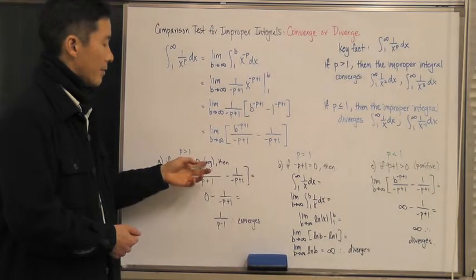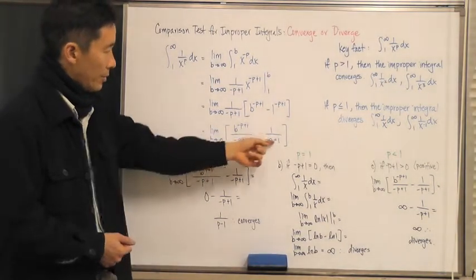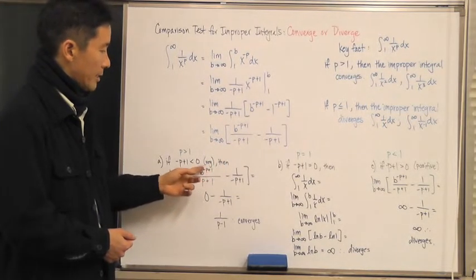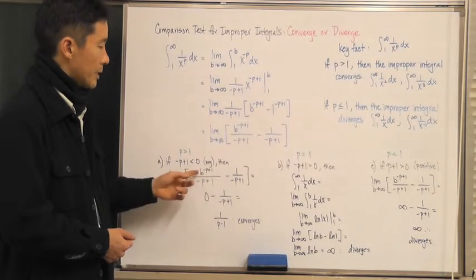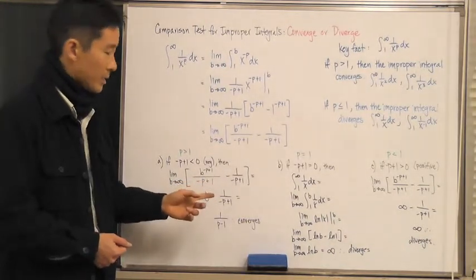In other words it's negative. Then this whole exponent is actually going to be a negative exponent, which means that b raised to that exponent is going to be moved into the denominator as a positive exponent.